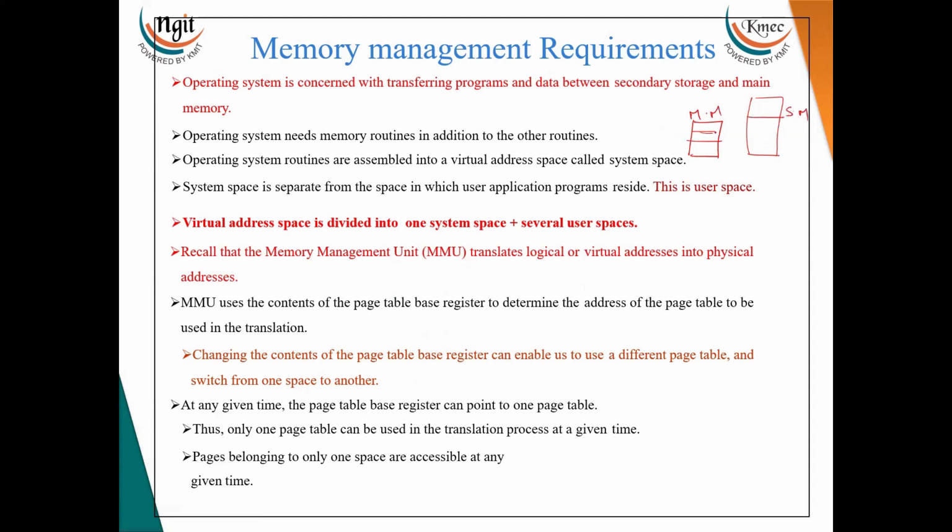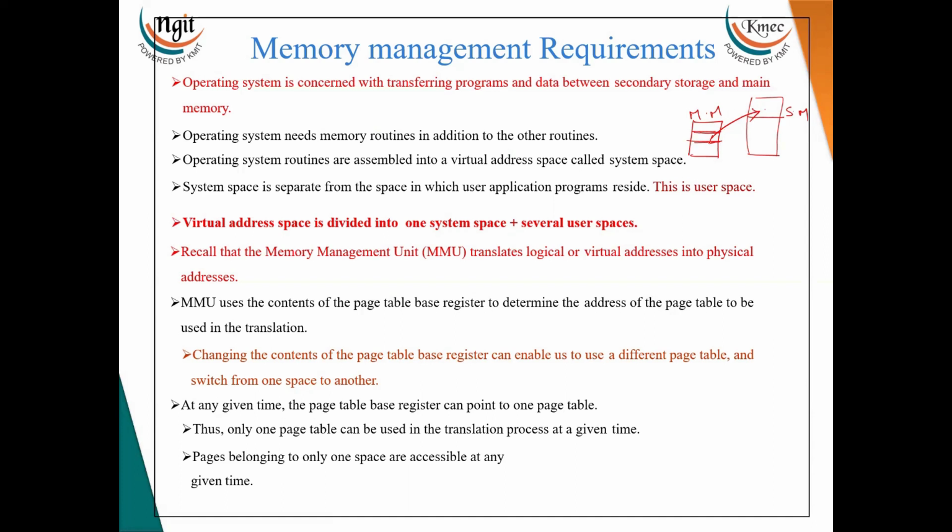Now, after completing the execution of the program, this page is swapped with a new page of the program from the secondary storage. That is, the page which is in the main memory is copied into the secondary memory, and the new page from the secondary memory is brought into the main memory.